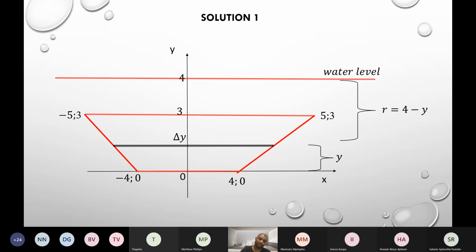Now, the distance from the water level to the representative strip, which is our R, it will be 4 minus y. Okay, because this is y and this whole distance is 4 minus y.